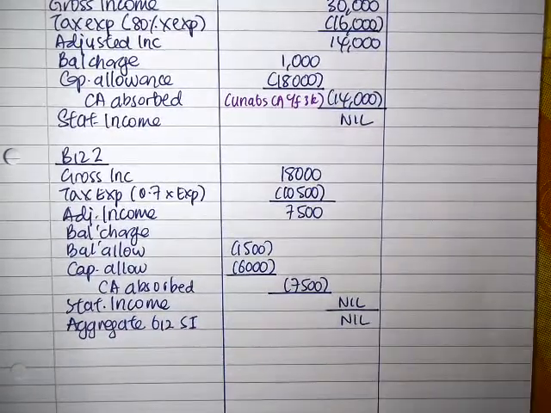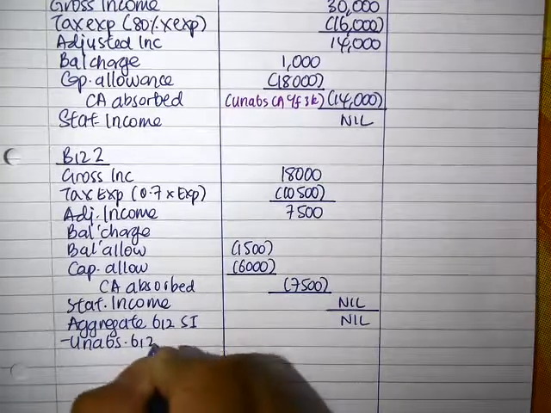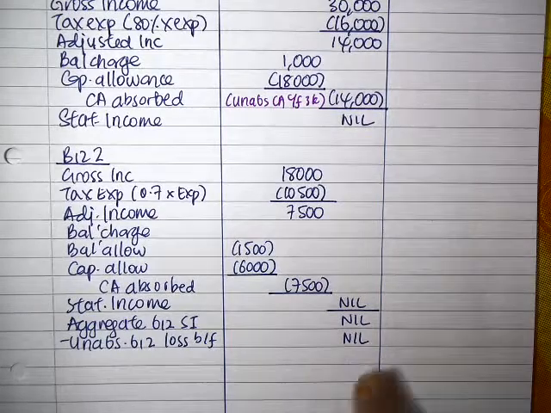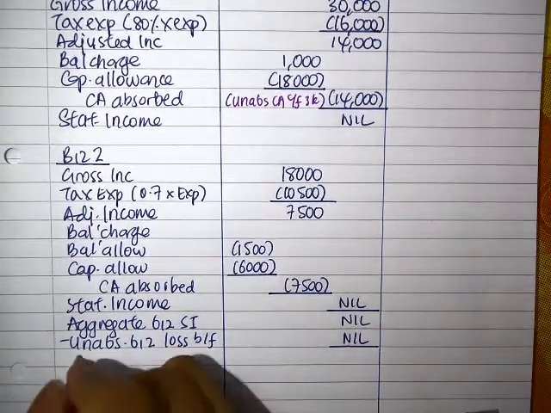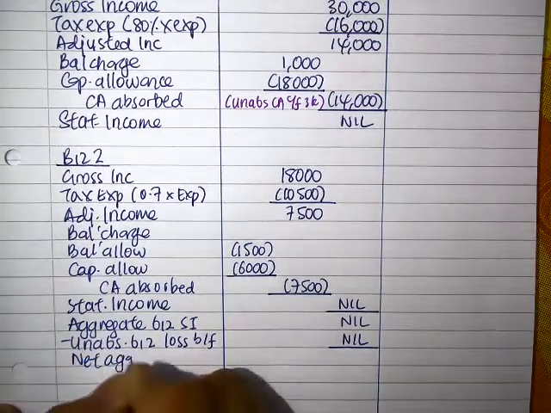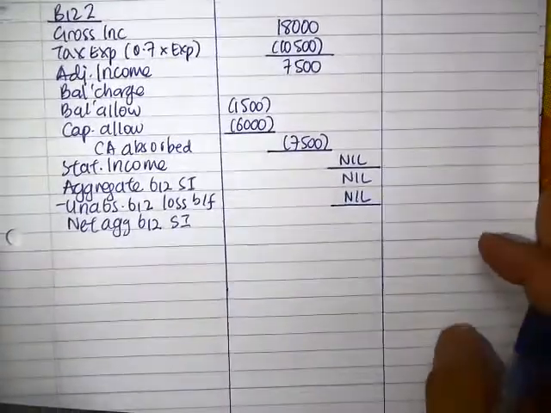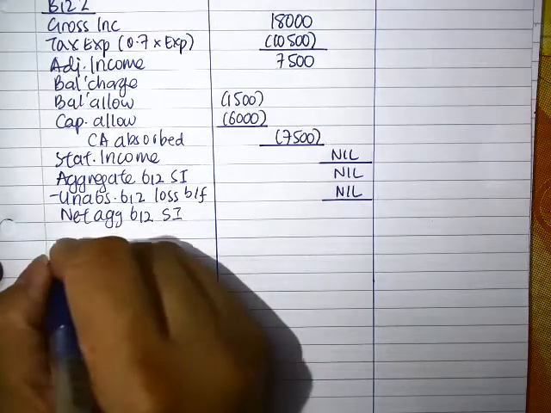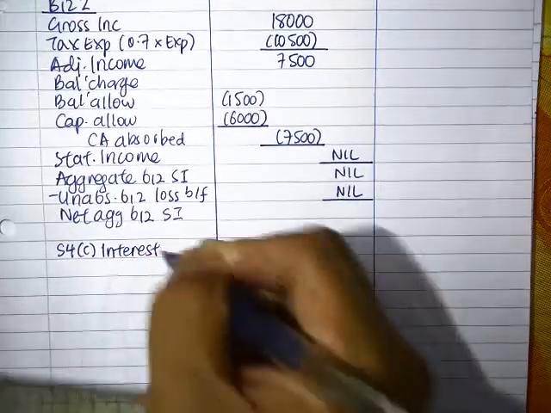Agreed? The question said that you have an unabsorbed business loss, and that's where you claim it. But with insufficient income, there's no loss for you to claim, so you're going to carry forward once more. So that's my net aggregate business SI. Now, finishing off 4A business, we have 4C, basically interest.